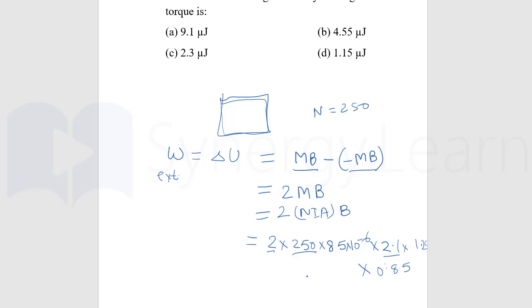Multiplied by 250, it gives 1000. So retain the 1, remove the zeros. So 1000 multiplied by 85 is 85,000. So retain 85 or 8.5. Multiplied by another 8.5, it will be more than 64, and multiplied by 1.25 will lead you to 9.1 microjoule. So without proper actual calculation, you should arrive at the answers because the time permitted for questions is very small.